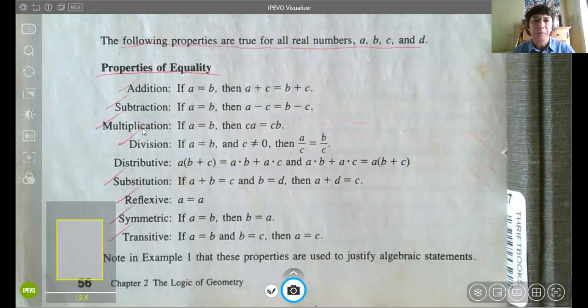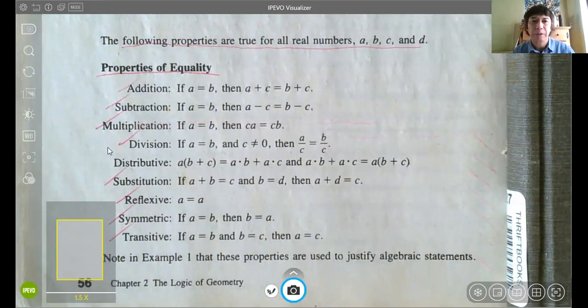So the third is multiplication property. If A equals B and you have another quantity C, multiplying C by A must be equal to multiplying C by B. So CA or C times A is equal to C times B. That's multiplication property.